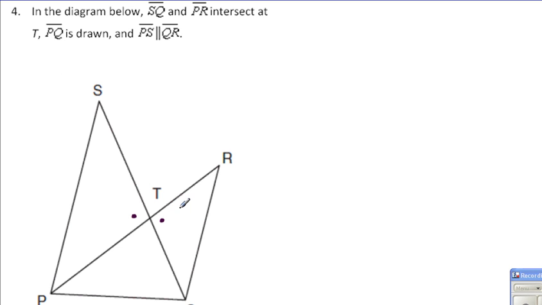Now, since PS is parallel to QR, these two are alternate interior angles, so therefore they are also equal to each other. Since they are parallel lines, we can also say that angle is equal to that angle, but any two out of these three angles would have been fine, hence the theorem AA would have satisfied this condition.